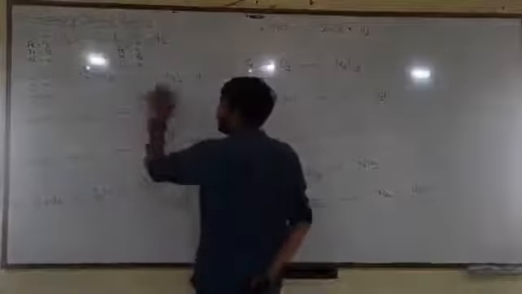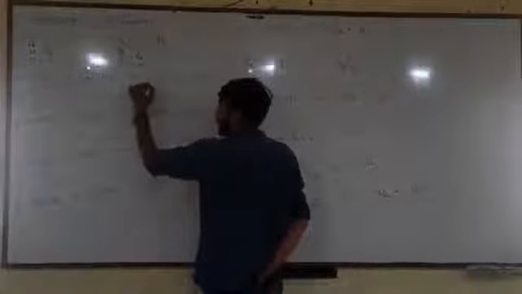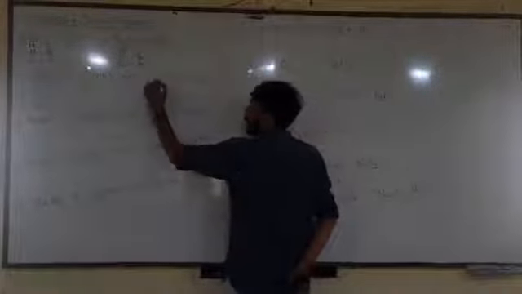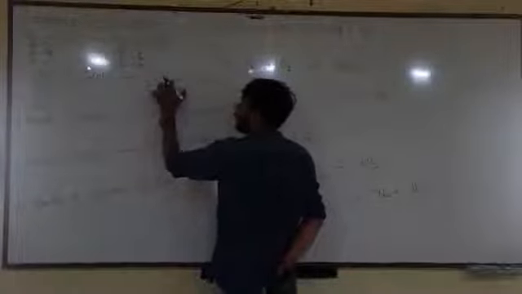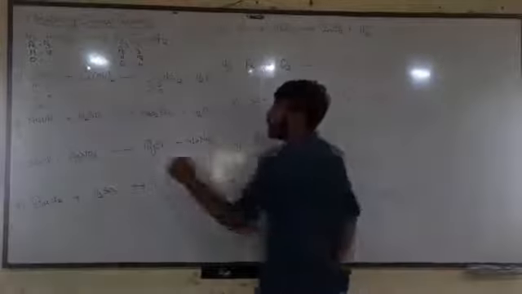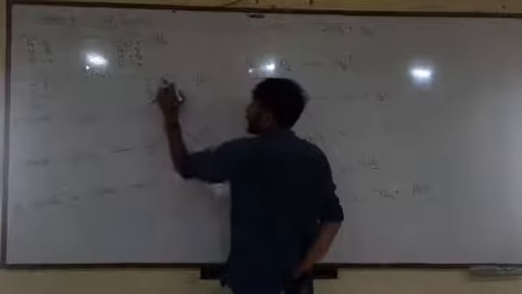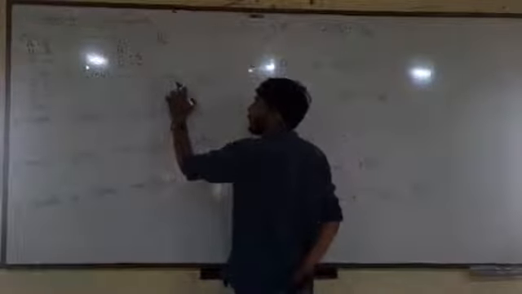Now we will go with the right hand side products. First hydrogen, and hydrogen is 2 over here. Now nitrogen is itself 2 because N2. Now oxygen: here O3 multiplied by twice, this is NO3 twice.